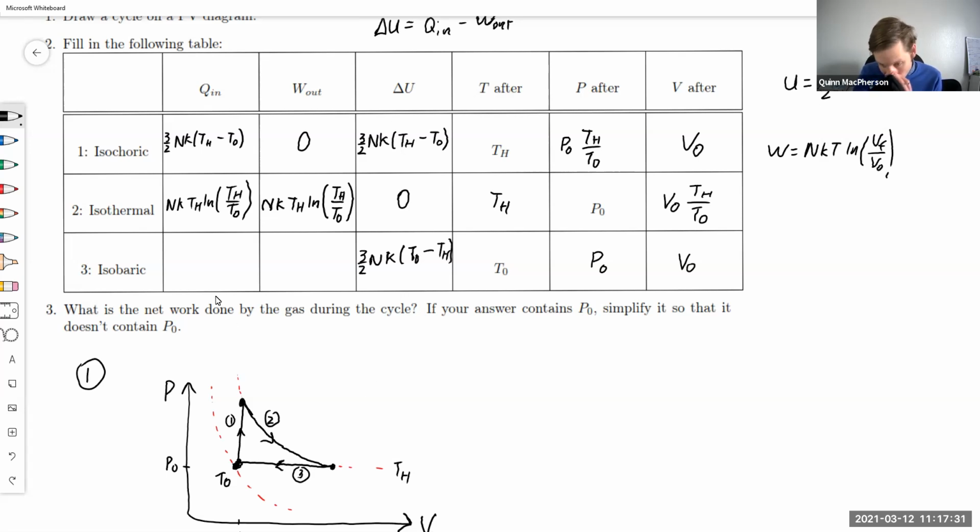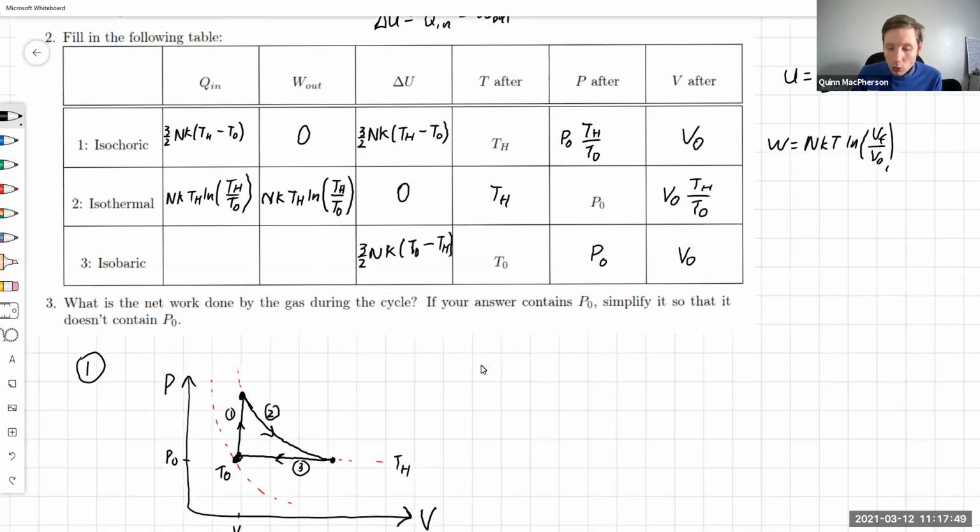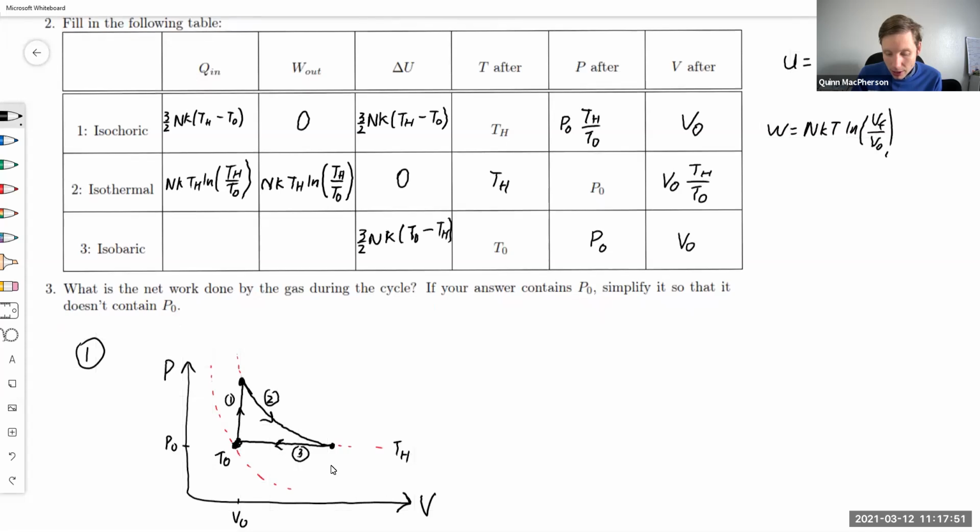Now let's do our work and heat. If I can get one or the other, then I can use the first law of thermodynamics to find the second one. So which of these is going to be easier? Well, I'm going to do work because work is PdV. That's the area under the curve. This is a fairly straightforward area to calculate. You have a constant pressure.